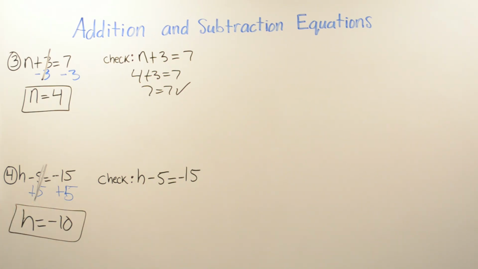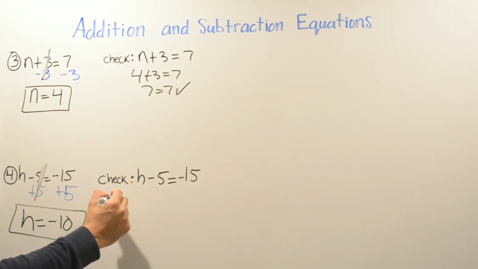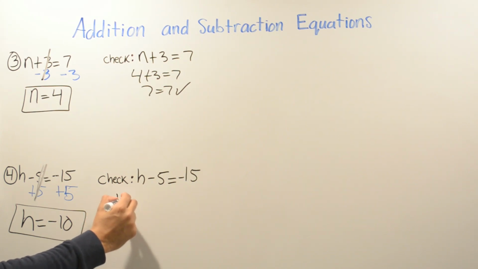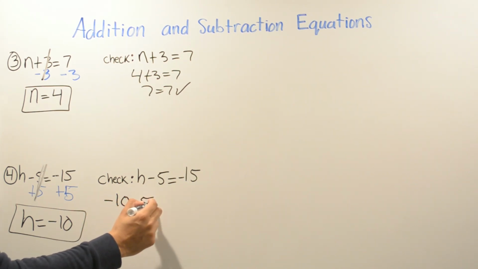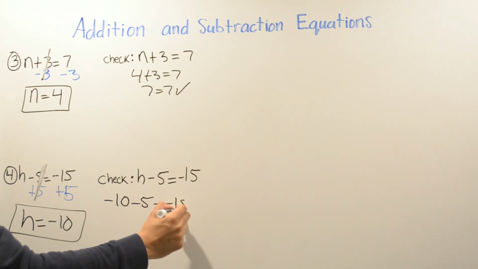And then we're going to check that work. Just going to input negative 10 into h. So we have negative 10 minus 5 equals negative 15.